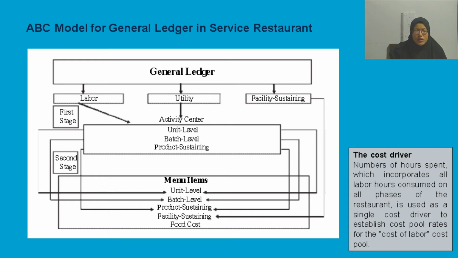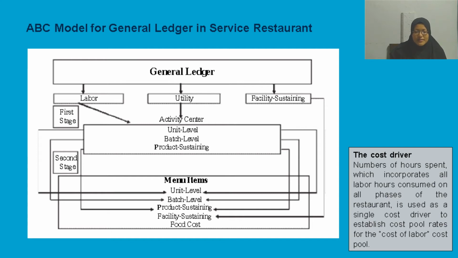For the unit level, we have unit-based cost drivers: the number of employee hours and units of utilities used. Batch cost drivers incorporate everything that is produced in the batch, such as setting up the kitchen line or purchasing inventories. Product level drivers signify the resources used by product level activities that are performed to sustain products in the company's product line.